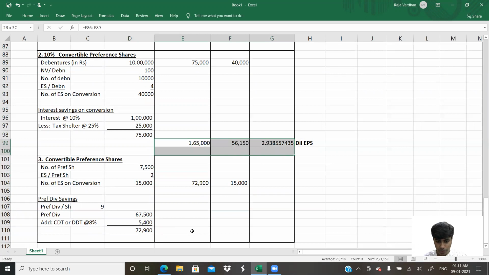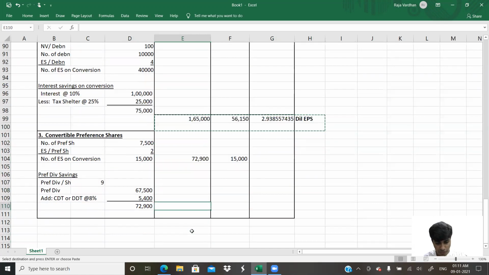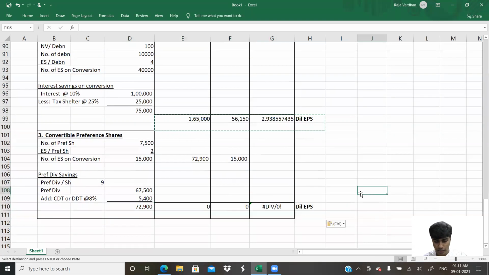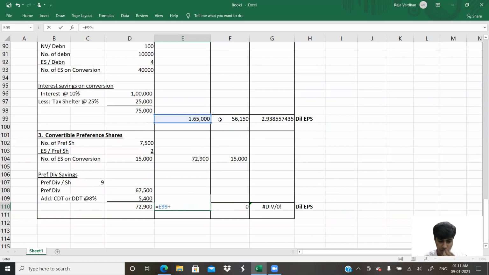Okay, come on. Let us do this now. We'd have to compute the EPS, shall we? If these get converted, what happens? Previously we had 1,65,000 profit. Now to that we are going to add 72,900 profit. So profit will become 2,37,900. Further, 56,150 outstanding shares were there on conversion of those options, conversion of those debentures to equity shares. Now if these convertible preference shares get converted to equity shares, we'll have 15,000 fresh more shares.